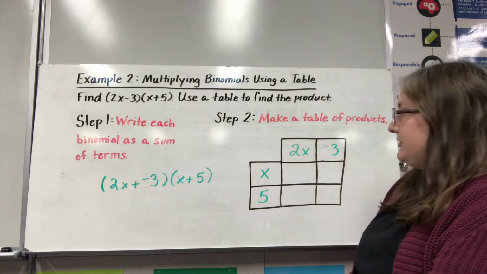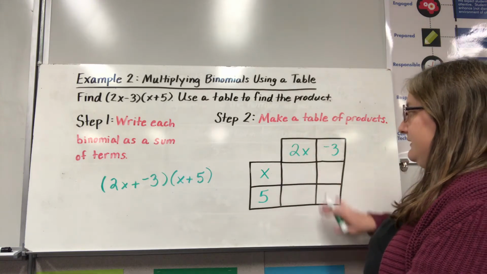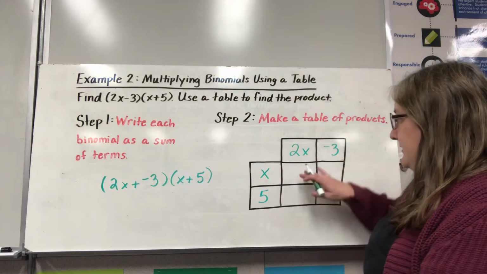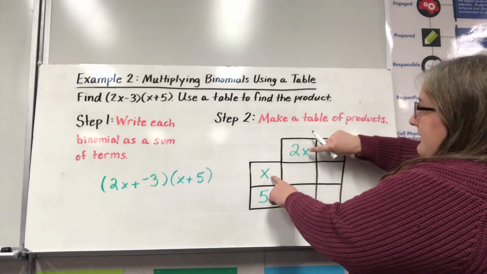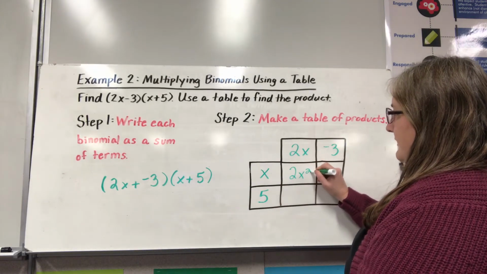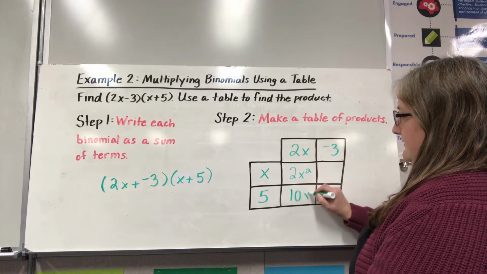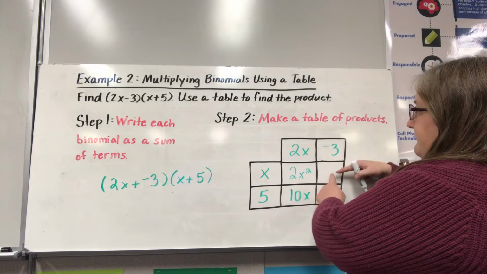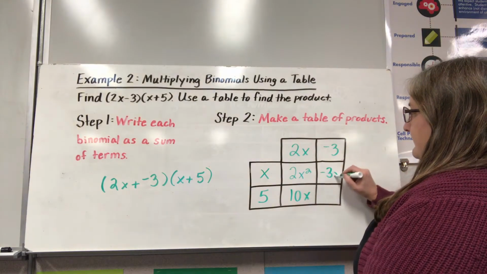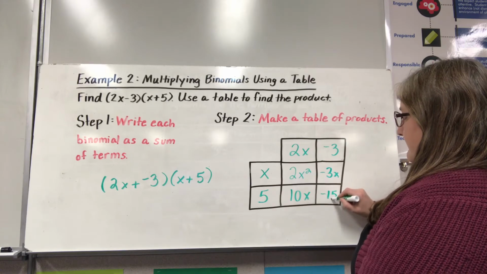Now I'm going to put the product of each of these different monomials in these boxes. So x times 2x gives me 2x squared. 5 times 2x gives me 10x. x times negative 3 gives me negative 3x. And 5 times negative 3 gives me negative 15.